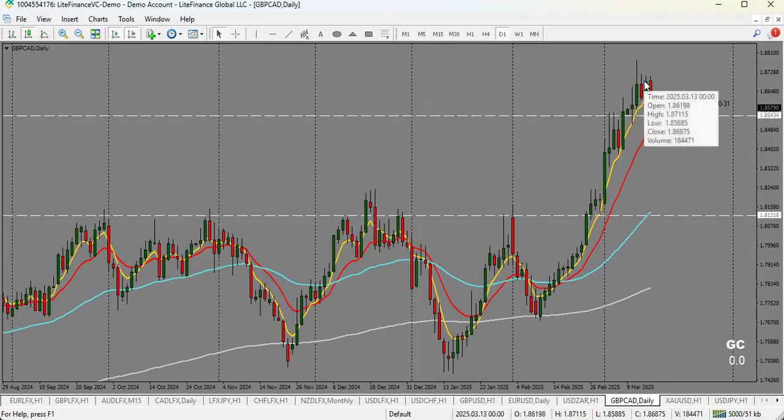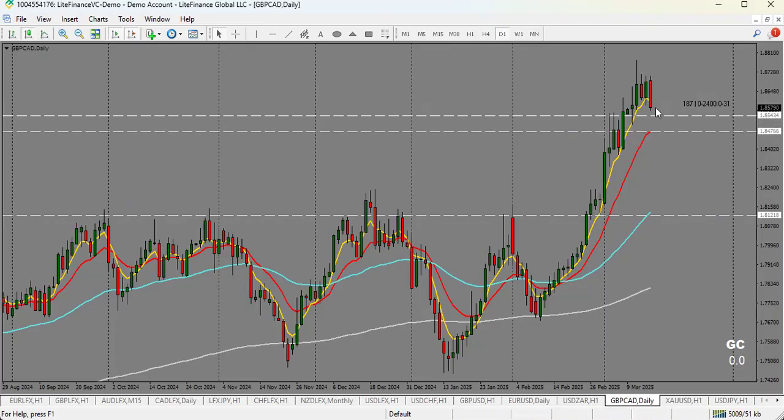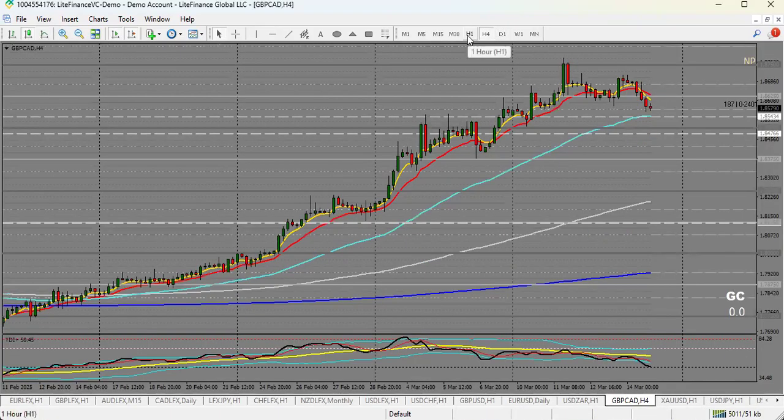So if we see sell opportunities, those are short-term sell opportunities, but then we should be expecting price to rally up simply because the monthly and the weekly time frames still support bullish market structure. So I should be expecting price to come to this level here and then continue going up. That is what I should be expecting.